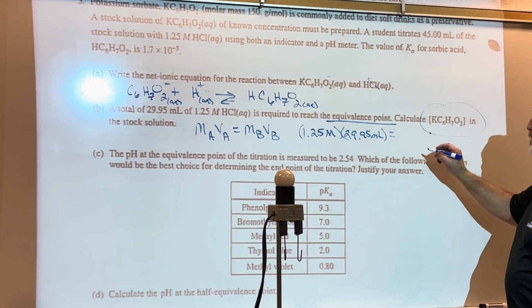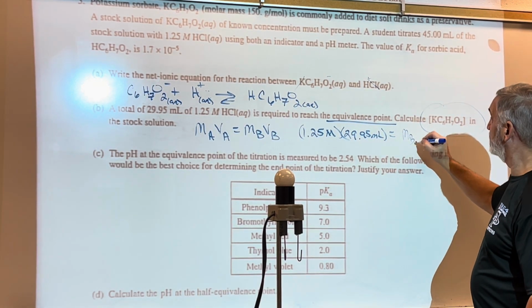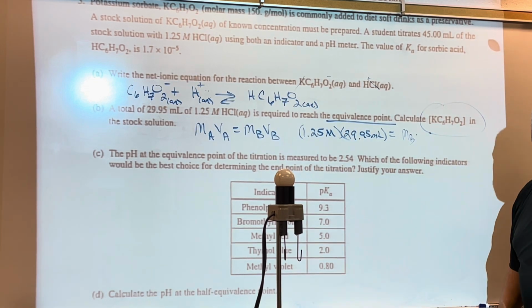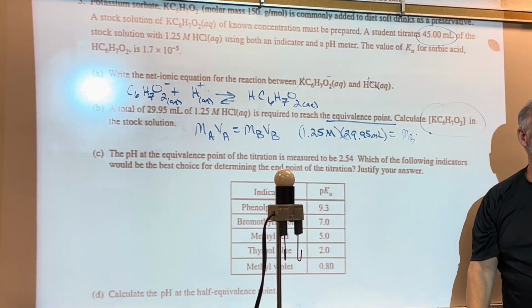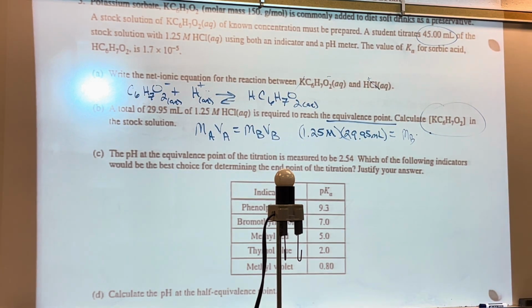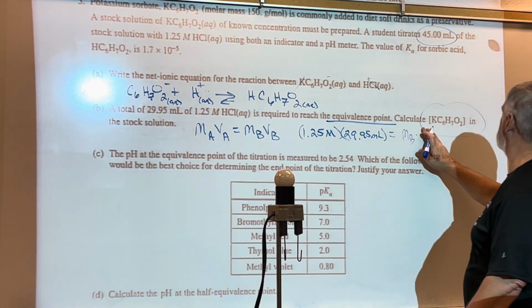Okay, so the molarity of the base is what I'm looking for. What's the volume of the base? 45. You have to go back and read. On the mock exam, on that titration problem, students used the wrong volumes because they didn't read carefully which one was which. Okay, so make sure you're reading carefully and going back. So this is your 45 milliliters.